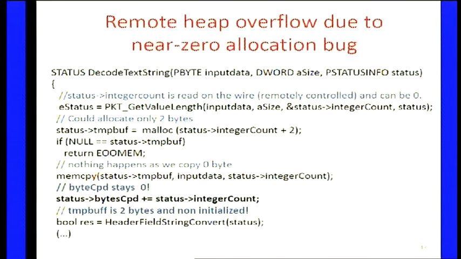Say you have this function get value length that reads status arrow integer count. You don't know the value of that, but when you do the malloc, you add 2 to this value. So the size holding variable is 0, but the size of the allocation is not 0.